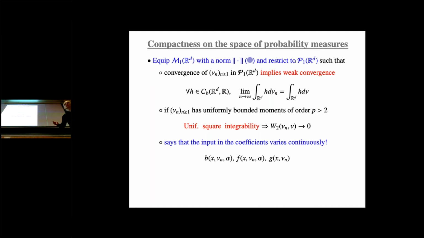This is the Monge-Kantorowich norm, in fact. So this is a way to say that I can put a nice topology on the vector space that is completely consistent with the topology I'm going to have in P1. And once I have convergence in P1, this is not that far from P2. Once again, this is a question of controlling the tails of my probability measures. So this is one remark.